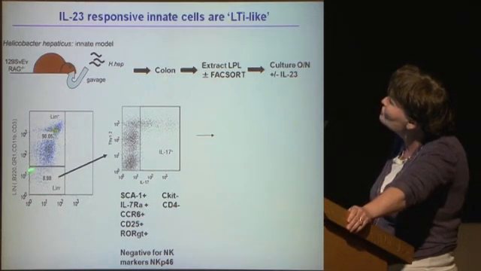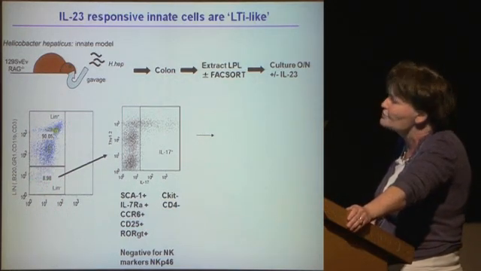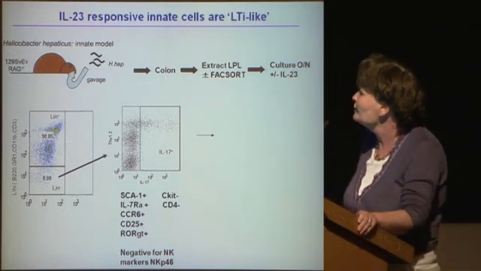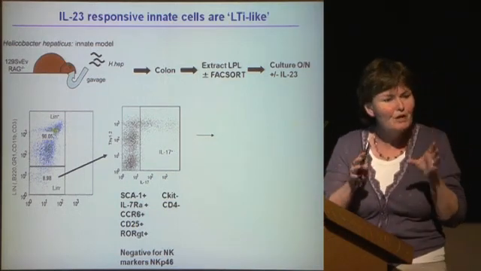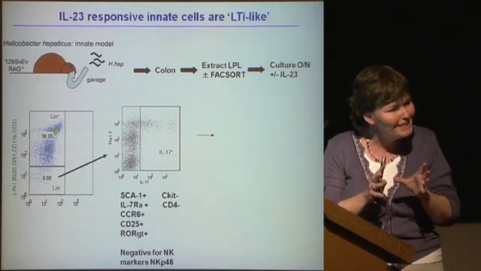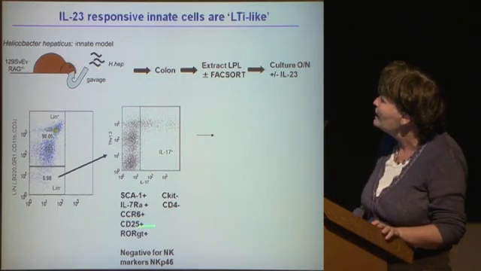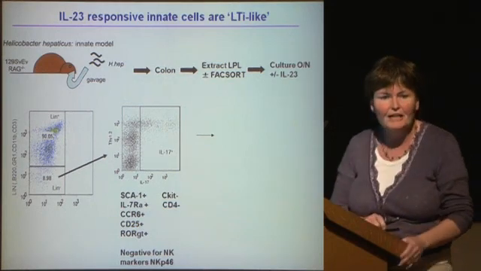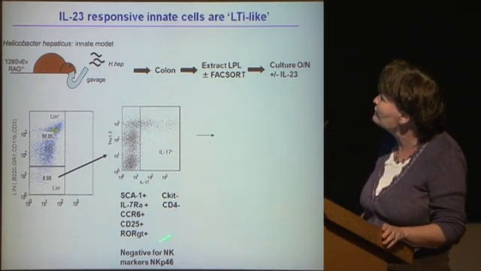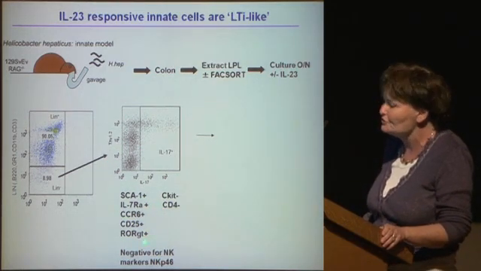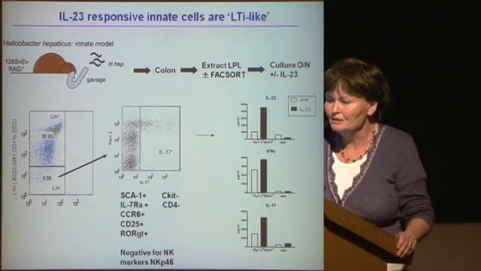She showed that the responsive population resided within a Lin-negative population, but expressed a number of markers that have been associated with the innate lymphoid cell populations that Gérard Eberl mentioned to you. But there are some distinct differences in this ILC population in that it is c-Kit negative and CD4 negative, as well as negative for various NK markers. But it does share the features of being IL-7 receptor alpha positive, CD25 positive, and RORgamma t positive.